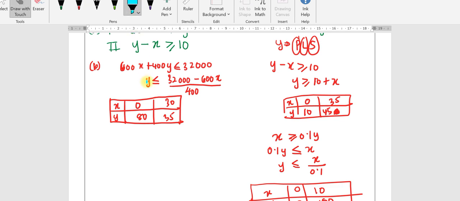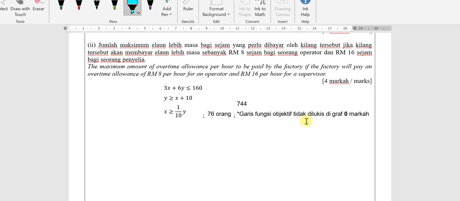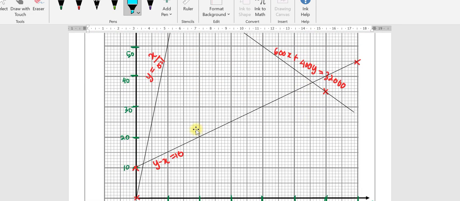Okay, this one will give you much better thing. So this one less than, only this one also less than, only the y minus x is more than. So this one more than, so above, less than, and also less than. So we know the shaded region is here.